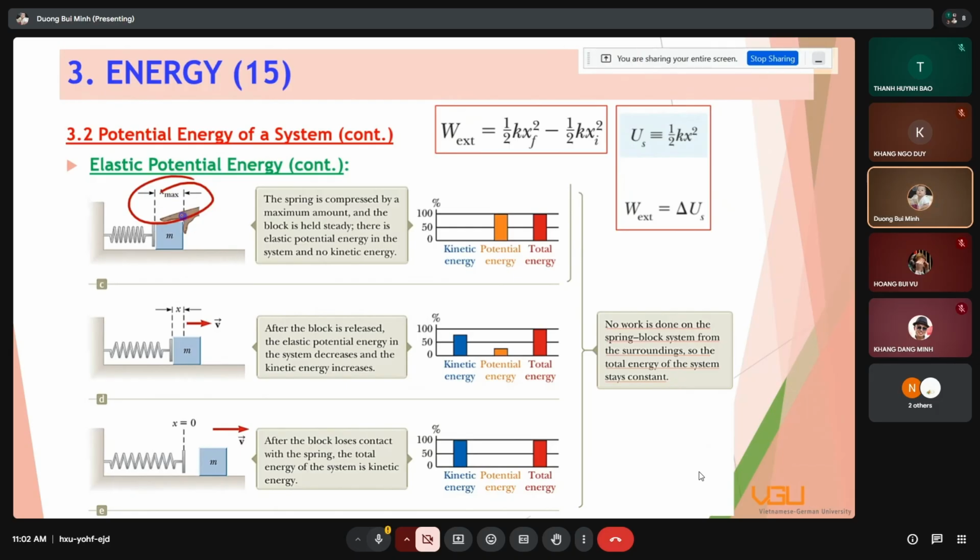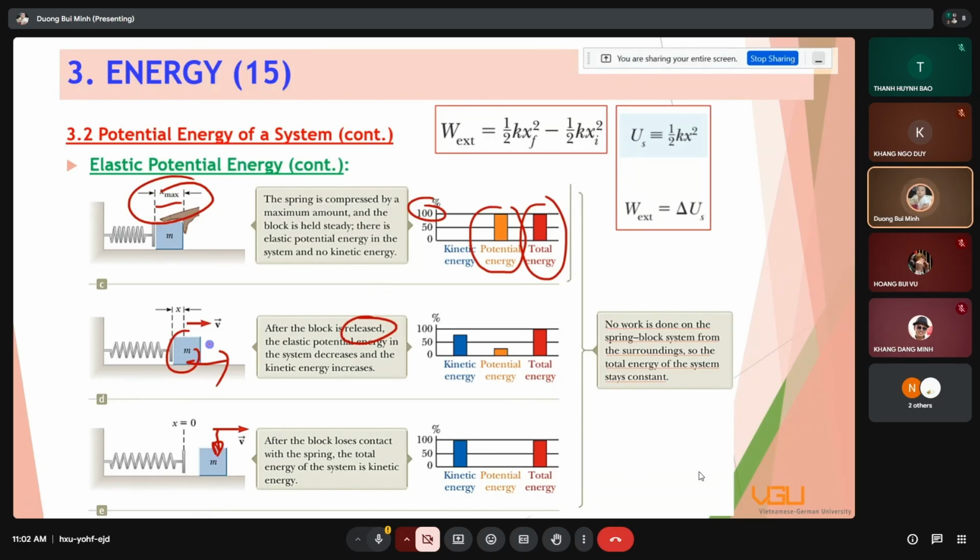When you release the hand, the object goes back to the equilibrium state, and we need to analyze the energy further. Here you get the maximum compression, so potential energy is max and total energy is max. Max means 100%.